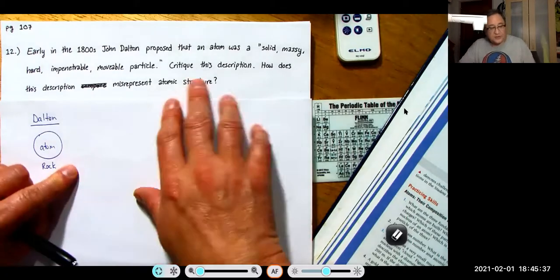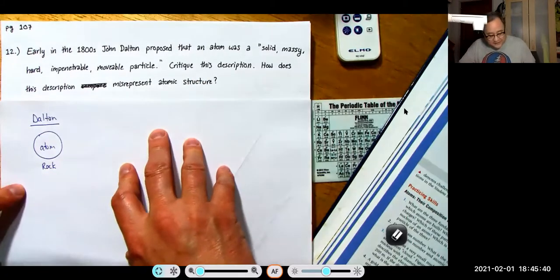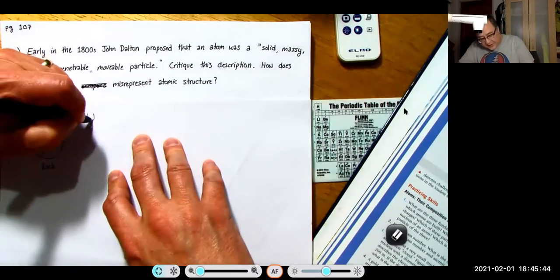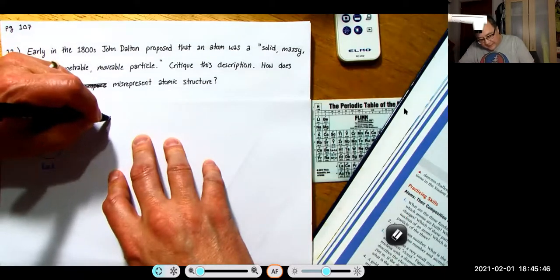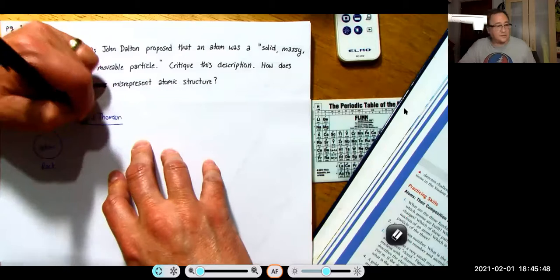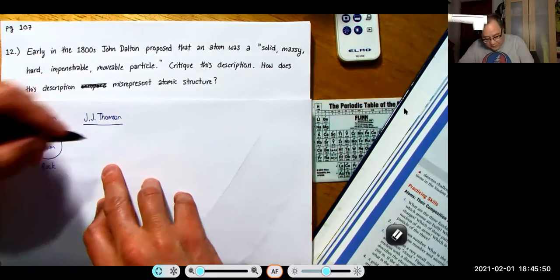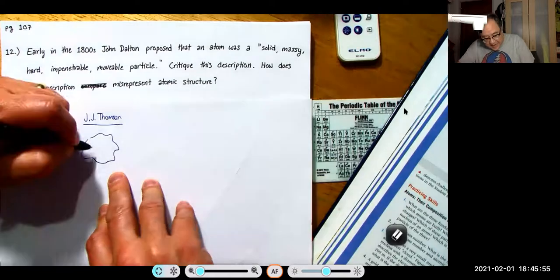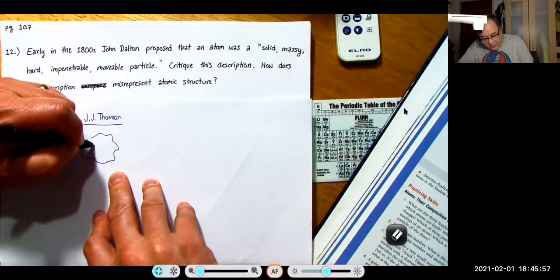Critique this description. Before we critique this description, I also want to give you J.J. Thomson's idea of an atom. J.J. Thomson thought that an atom was a mushy material like plum pudding that had electrons in it.